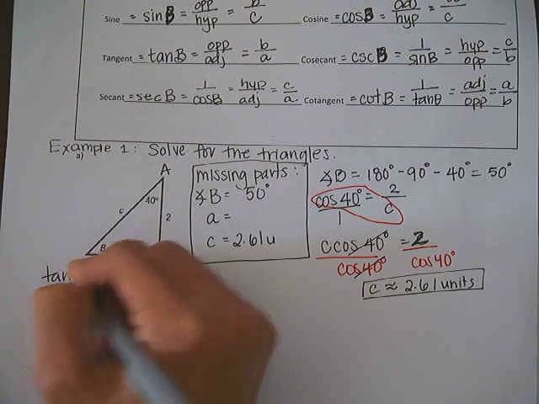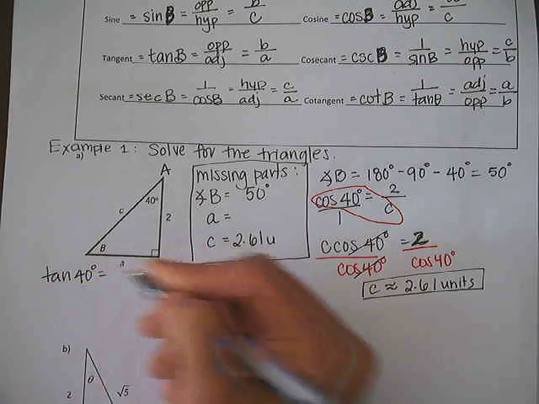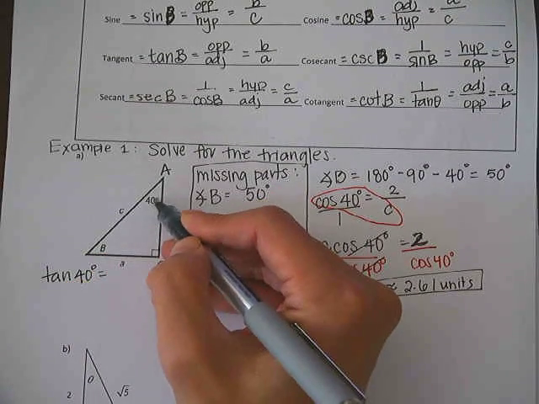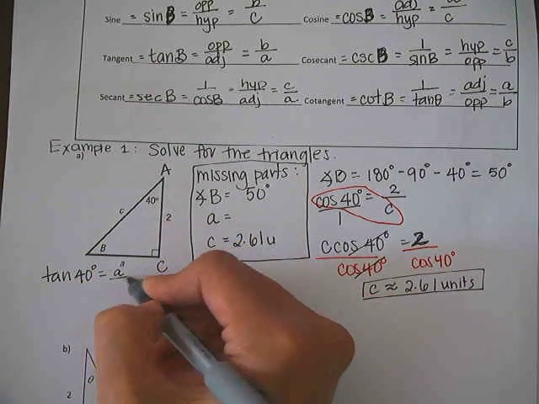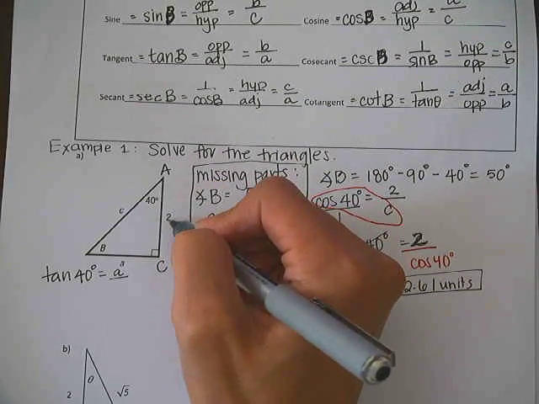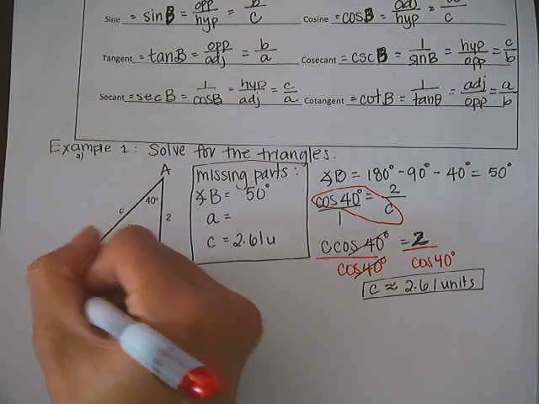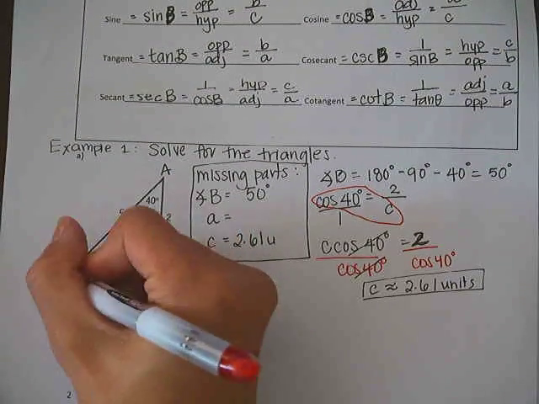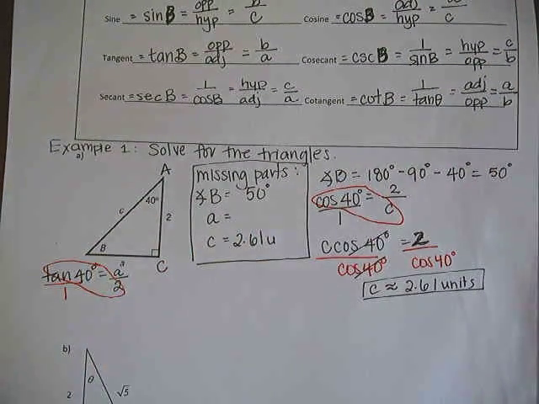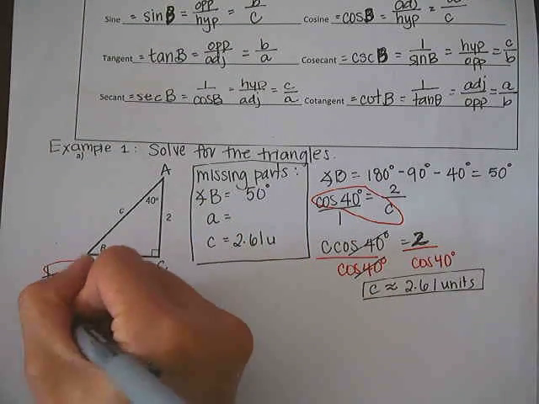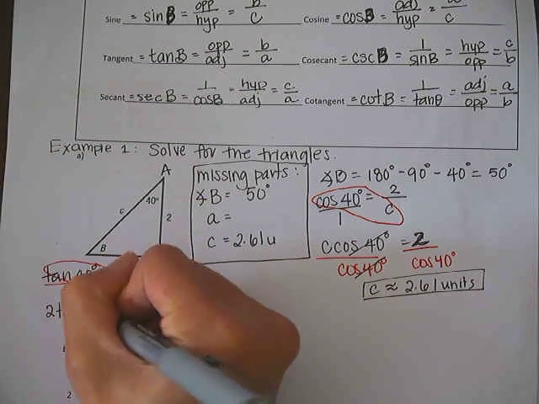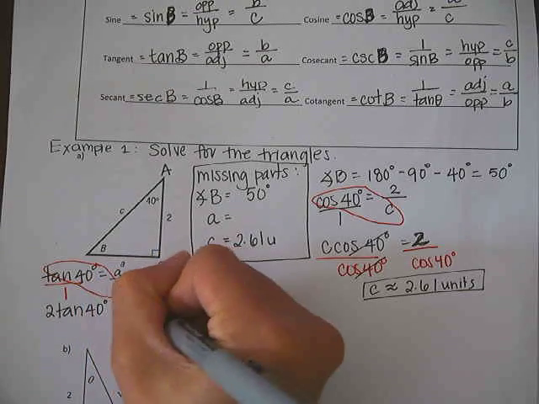So tangent of 40 degrees equals opposite, which is little a, over adjacent, which is 2. I'm going to make this into a fraction so I can cross multiply. So I have 2 times tangent of 40 degrees equals little a.